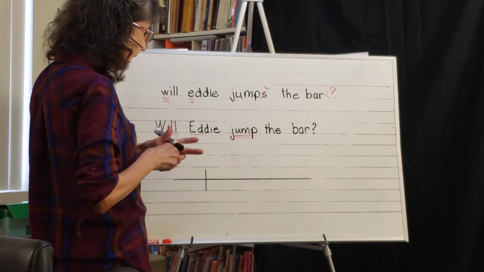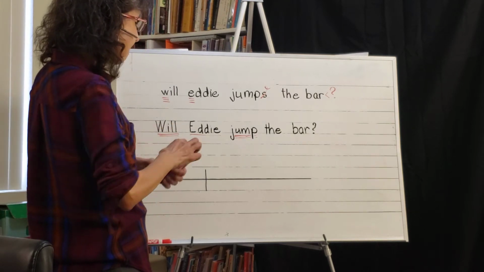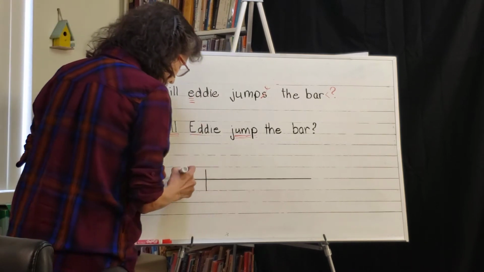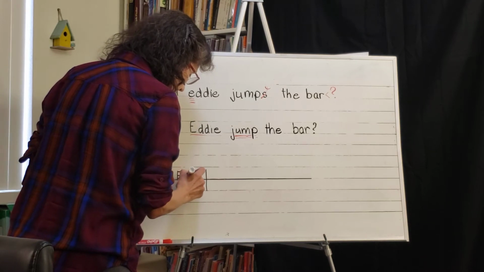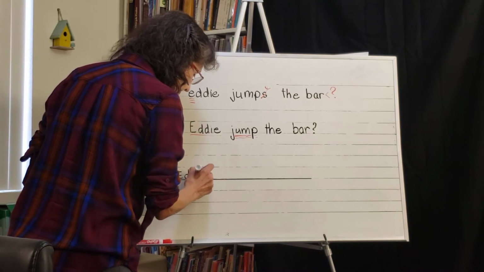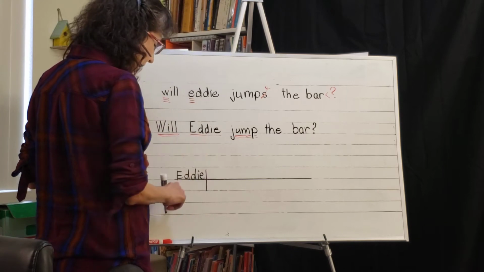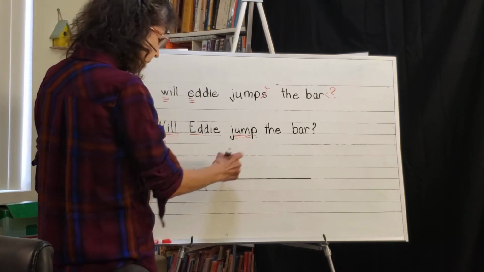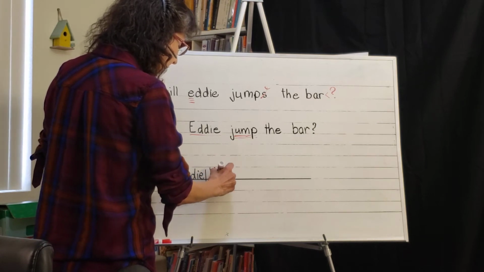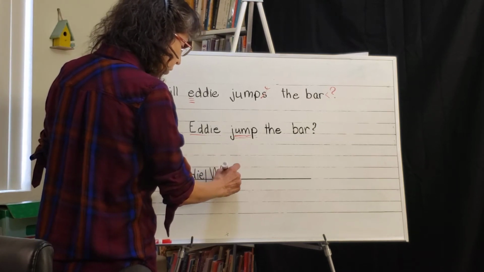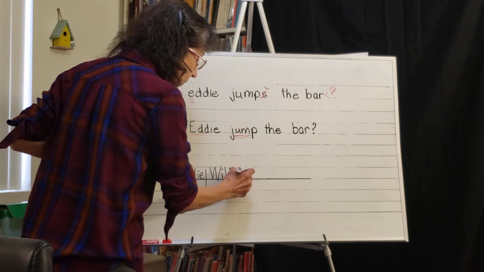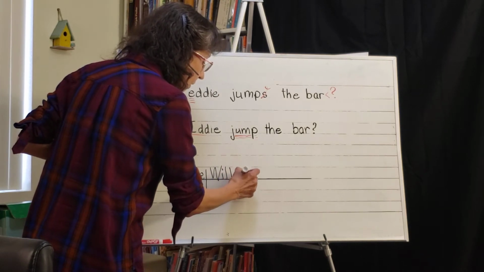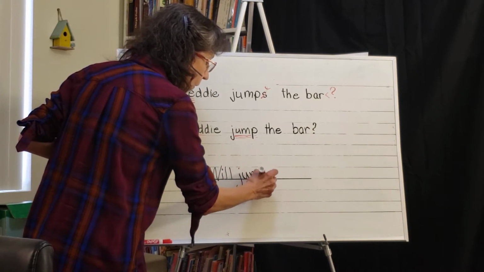We can say, Eddie is my subject, and it goes right here. Who or what the sentence is about. It's capitalized, so this one will be capitalized. We said that will jump is my verb phrase. 2 words acting as a single verb, right?